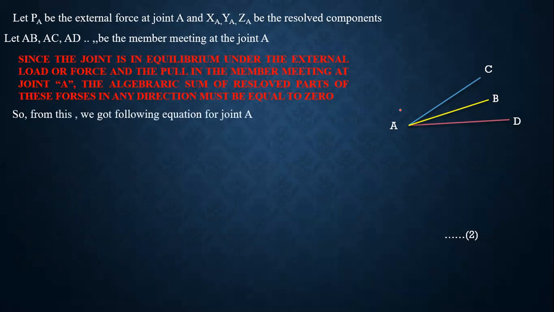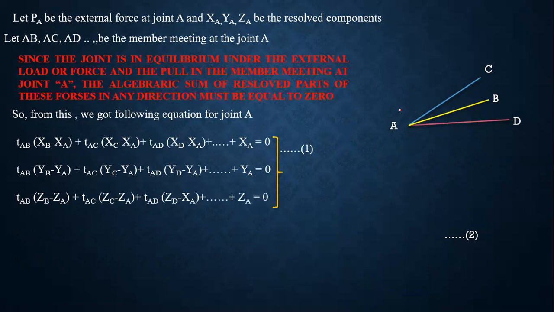From this we get the following equation for the joint A. First one is tAB (XB minus XA) plus tAC (XC minus XA) plus tAD (XD minus XA) plus XA equals zero. Same for the Y direction and same for the Z direction. The X, Y, and Z are the external forces. This is the equation we use to analyze the space frame.